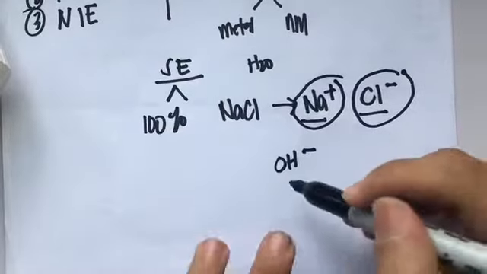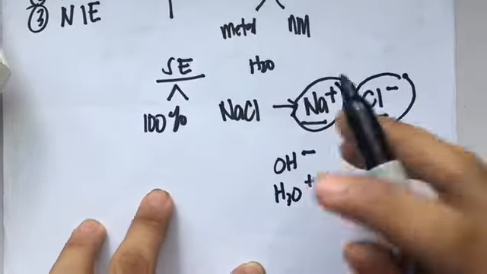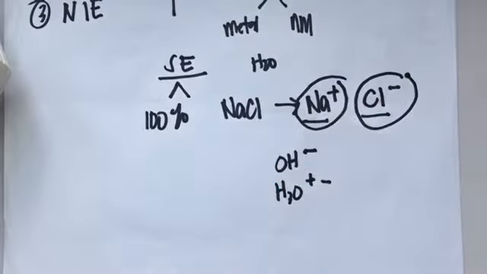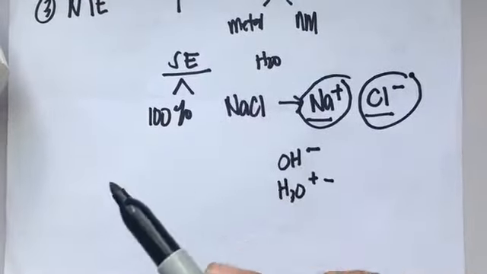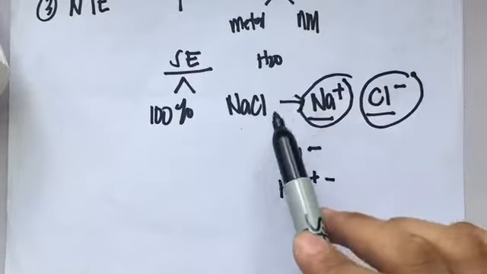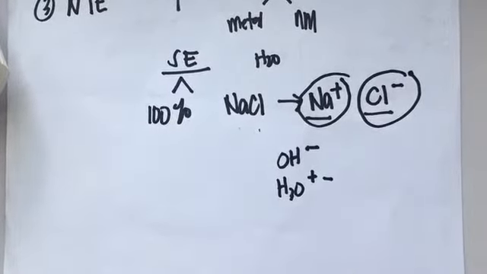If the ion interacts with water and forms hydronium, then the solution is acidic. So that is one of the primary ways to identify whether a certain salt can produce a basic, acidic, or neutral solution.